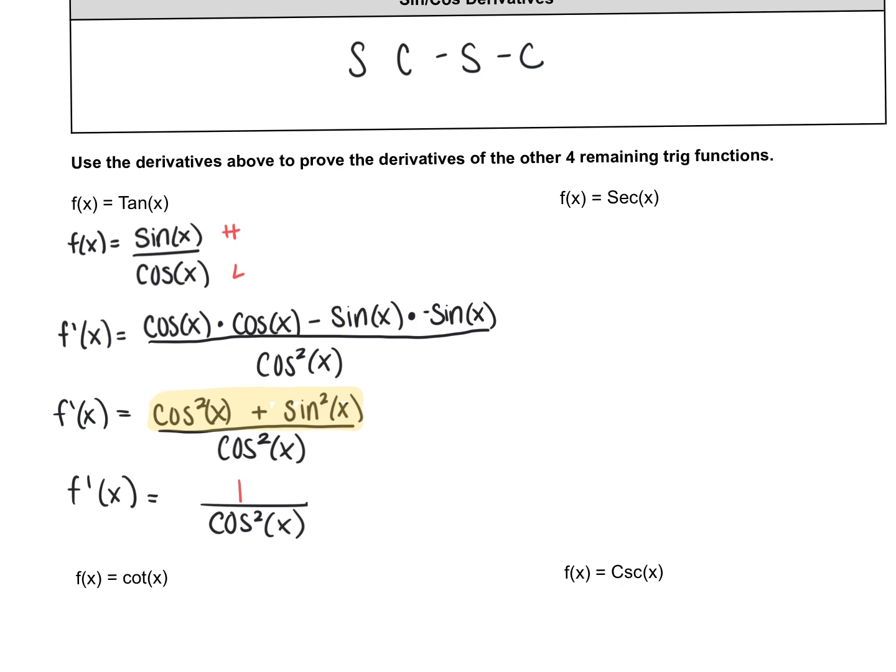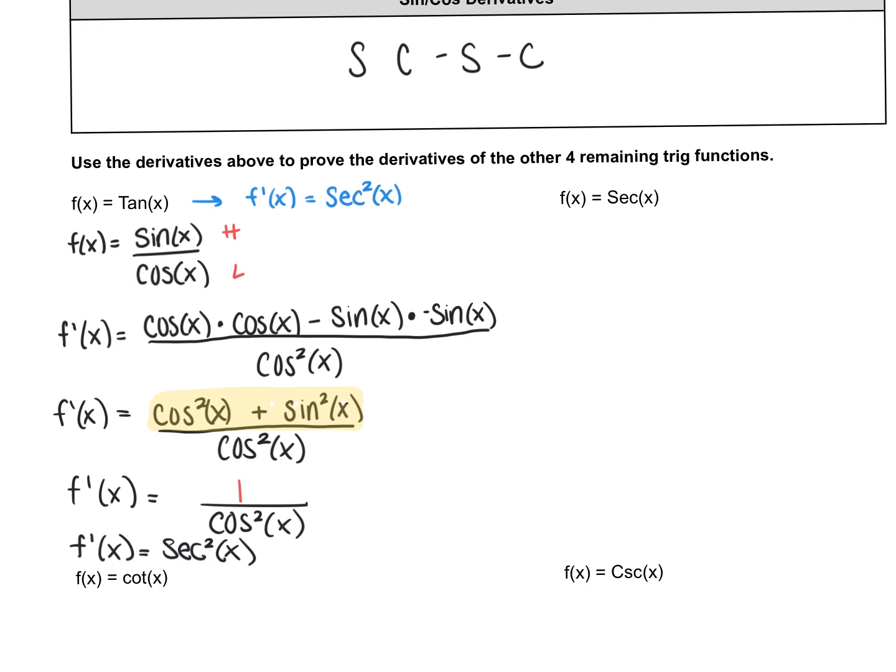And we should remember that 1 over cos is the same thing as a reciprocal. So 1 over cos means that it's actually secant. So secant squared. It's okay that it's squared. So the derivative of tangent is secant squared. So if you want to write that over here, if f of x is equal to tangent of x, that means f prime of x is equal to secant squared. And we just proved that.